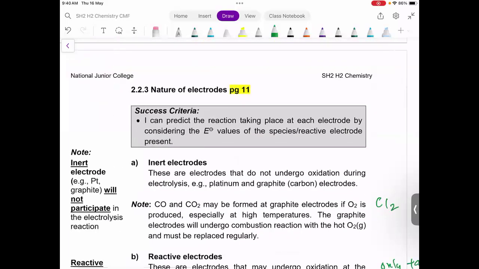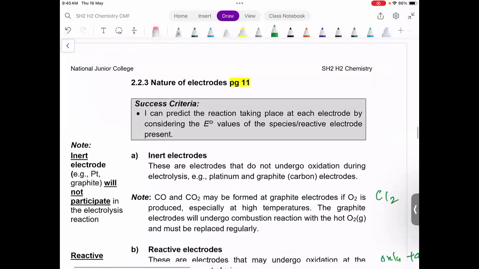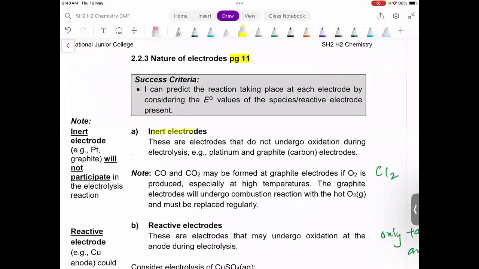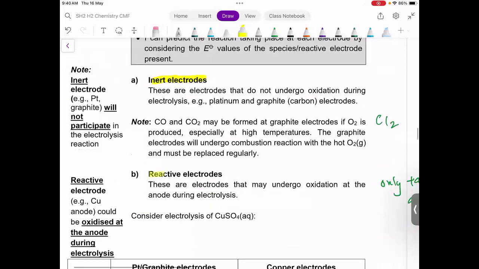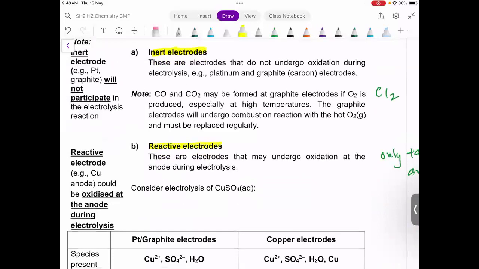Any question? Okay, let's look at the third factor, nature of electrodes. So if we are working with inert electrode, then we don't need to consider their participation. But if we are talking about reactive electrode, please appreciate that electrode can only take part in oxidation in the anode reaction.